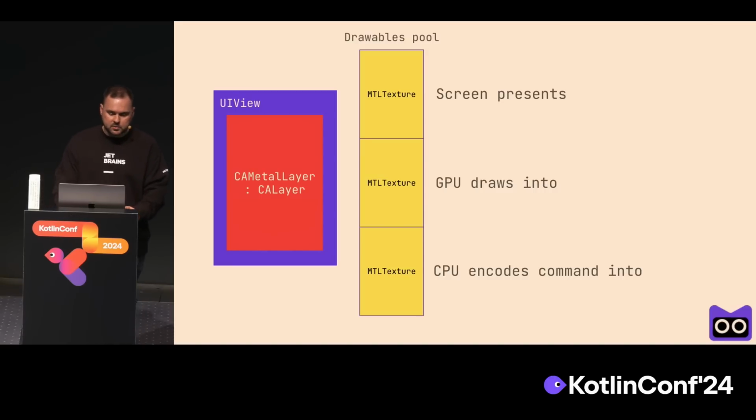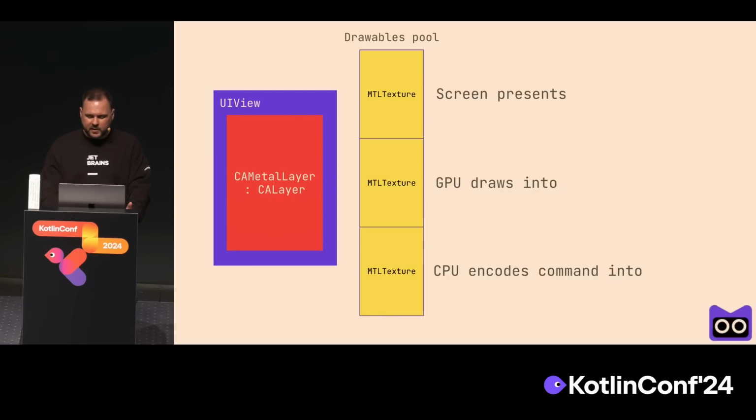For example, one Metal texture could be used as a blit source for the screen to copy the bytes from. The second one could be used right now by the GPU to draw some stuff into. And the third one, for example, could be used by the CPU to encode some commands. So it's just a logical entity in there, but still. So we can request a texture, draw something in the canvas wrapping this texture, and then present this texture on the screen. So this is effectively the last stage of our sequence.